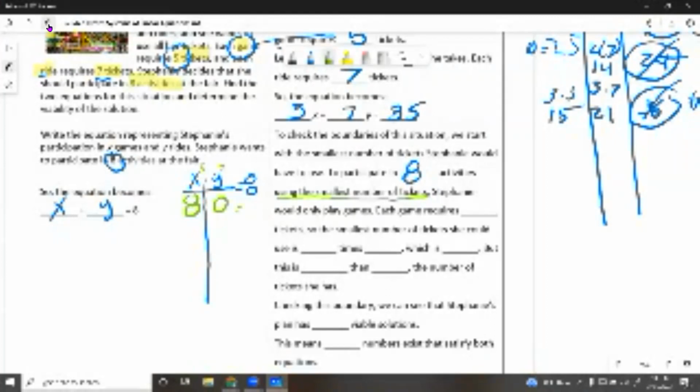But we know that that does not equal the same number of tickets.